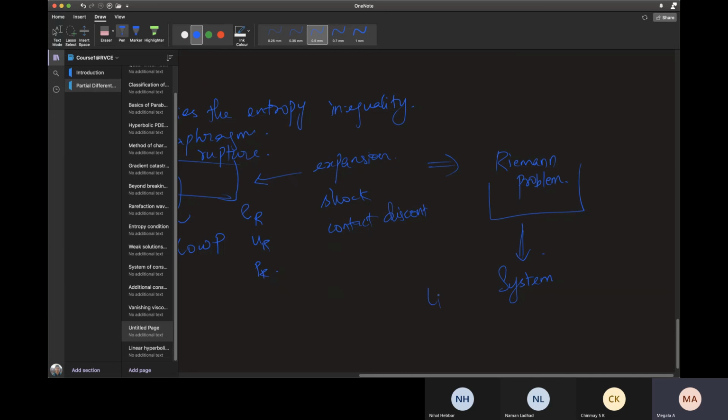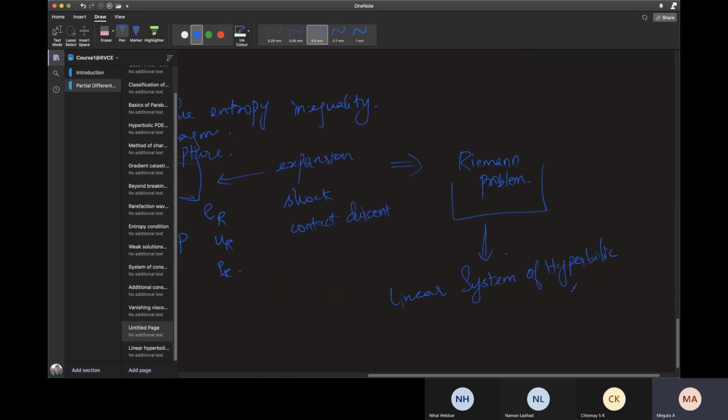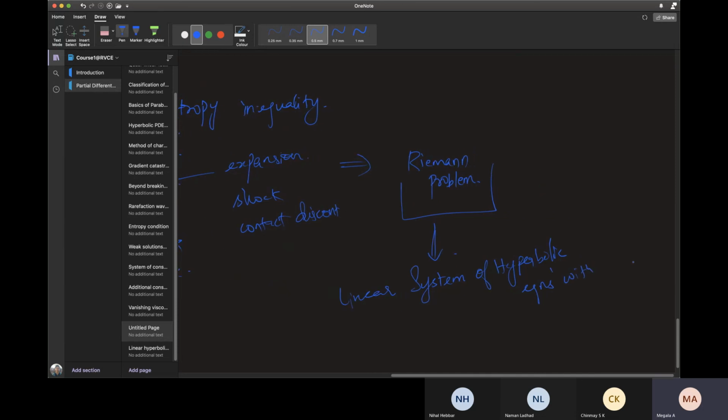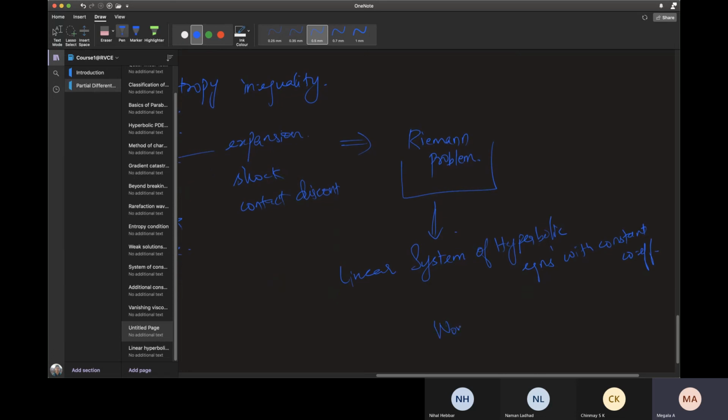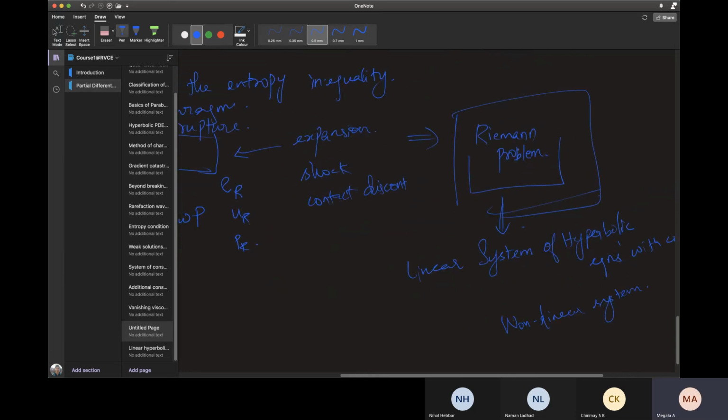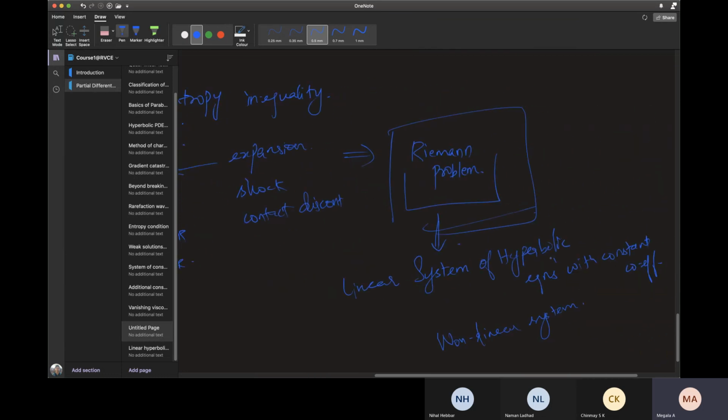We will see a linear system of hyperbolic equations with constant coefficients next time, and then we'll move to nonlinear systems later.